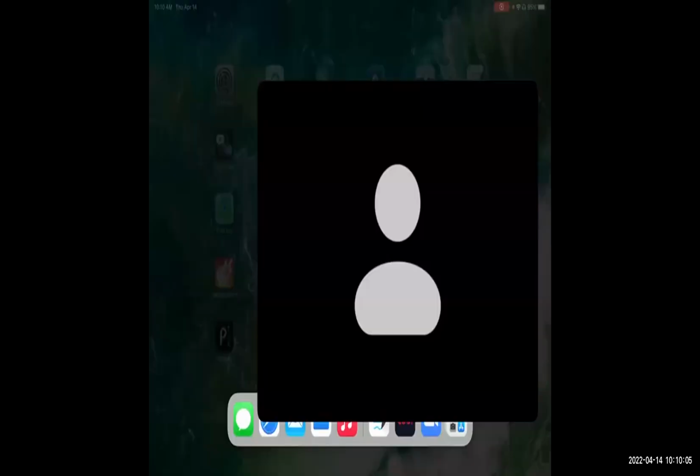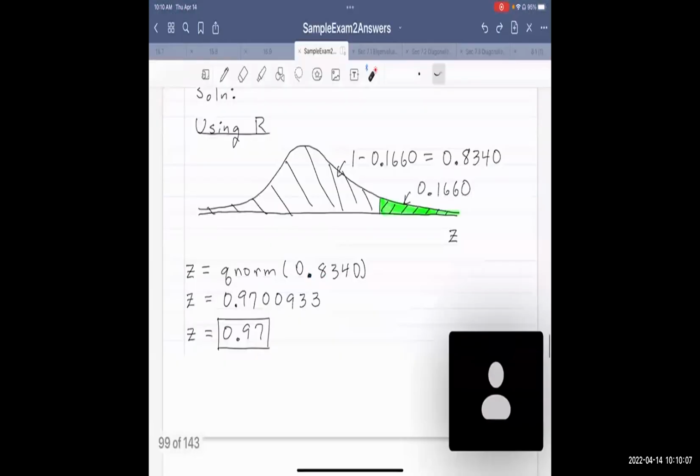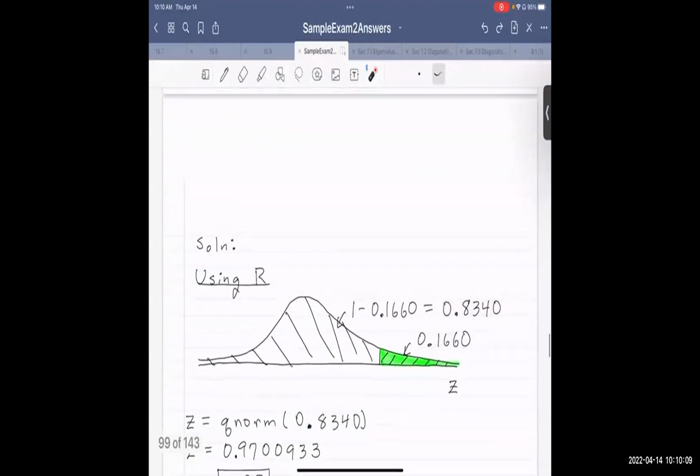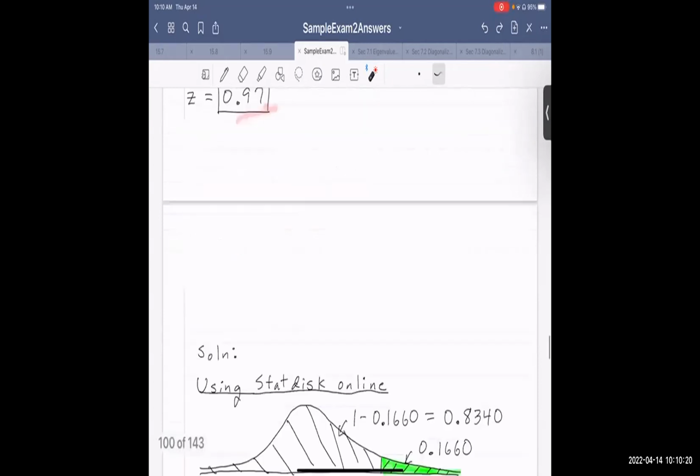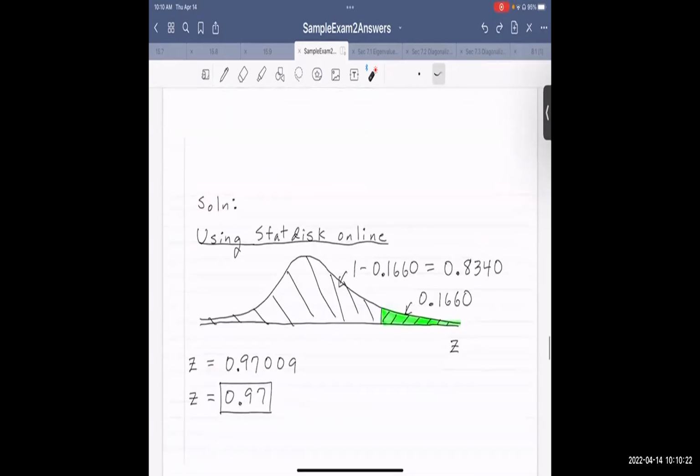And so I have here 0.9700933, rounding to the nearest hundredth, I have 0.97. I could also do this using StatDisk.